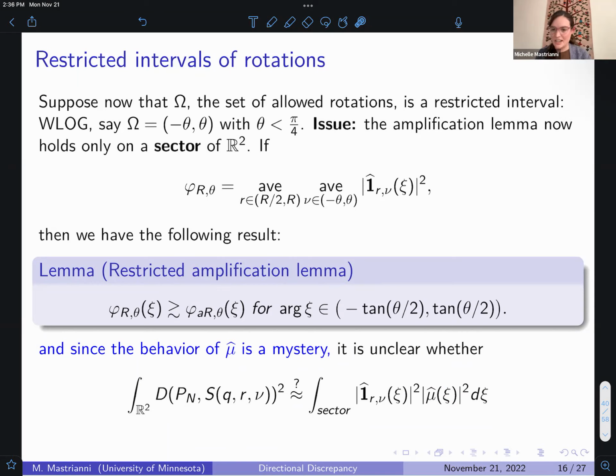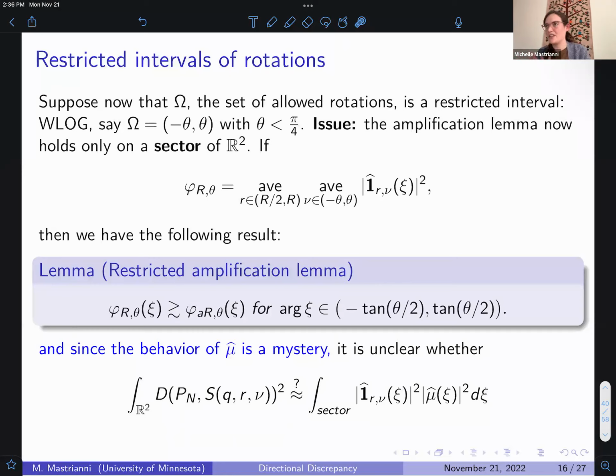We didn't really need any information about it. And here, the behavior of the point component is kind of a mystery because it's entirely dependent on the underlying point set. And again, we need a lower bound for all n point sets. So it's not clear what this Fourier transform is doing or where the mass of the Fourier transform lies.